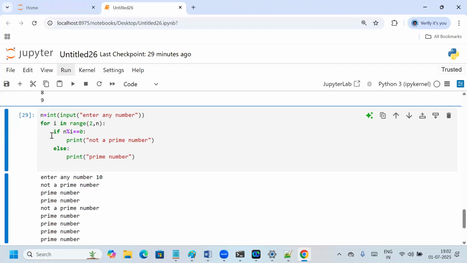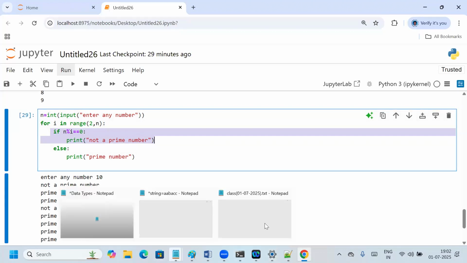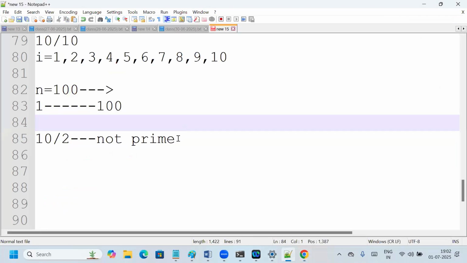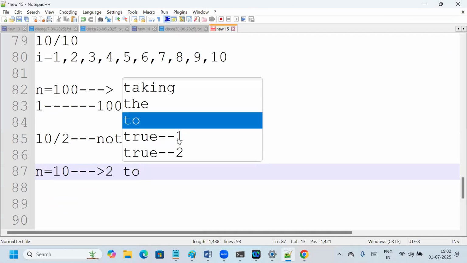So what we require guys, if it is not a prime, no need to check further. How will I get to know guys? Suppose 10 is a number and 10 is divisible by 2. By checking one comparison only, we'll get to know that it's not a prime number. Why check the remaining numbers? See here what I'm trying to say. I'm introducing here a new concept, which is an unconditional statement. If n equals 10 guys, we need to start from 2 to 9.